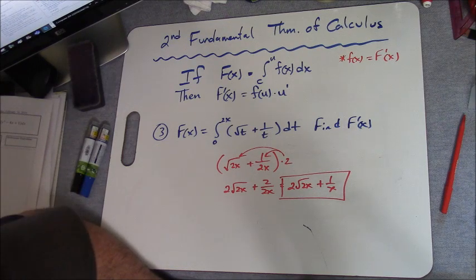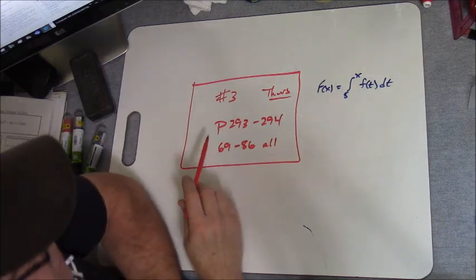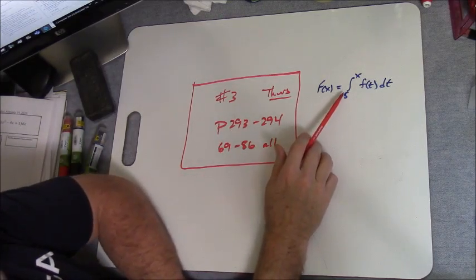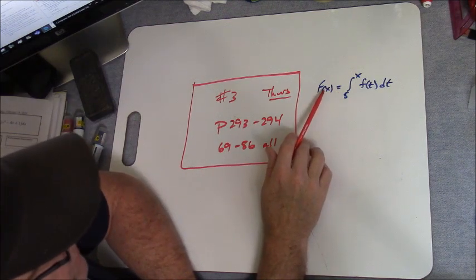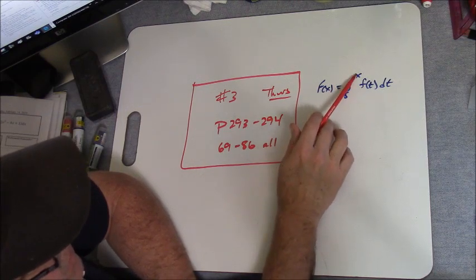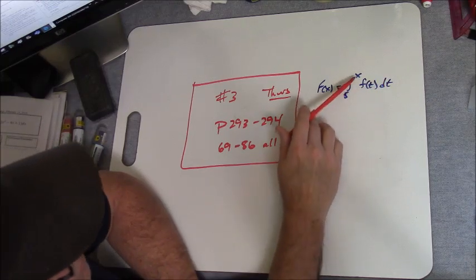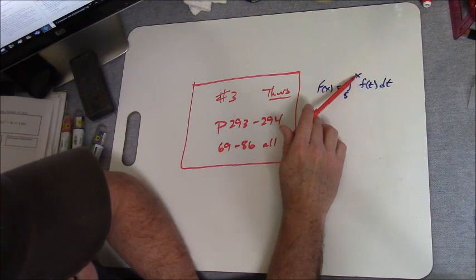All right, let me get you guys an assignment. Before I give you this assignment, I'll just kind of warn you, not real pleased with the problems that our book has. Most of them are f of x equals the integral from 5 to x of some function dt. And so you plug in an x and then you take the derivative of it and you just get 1.